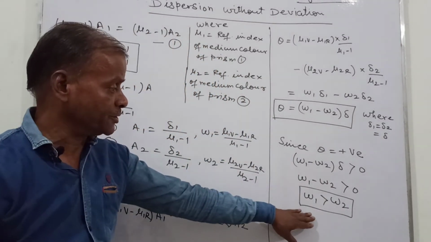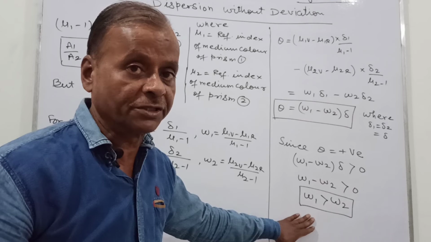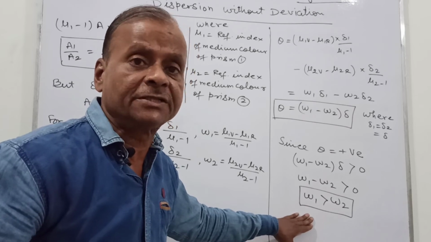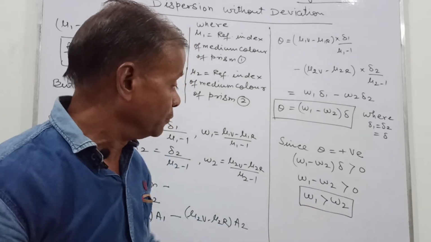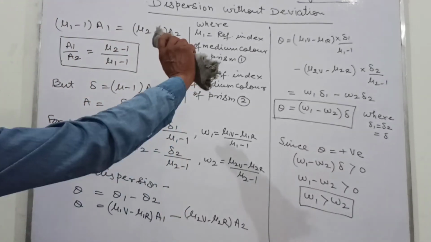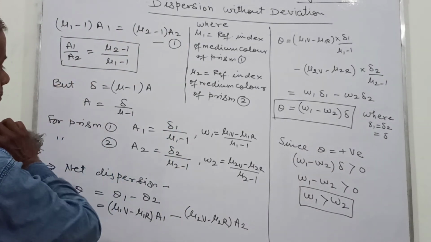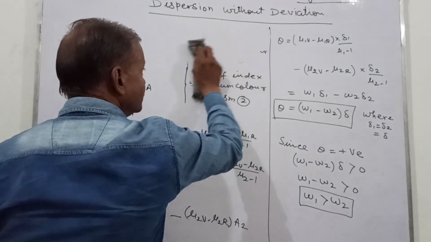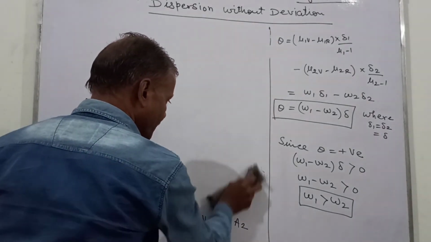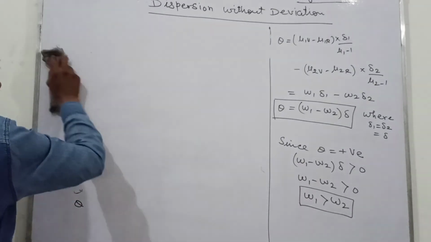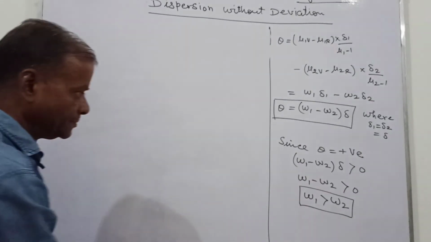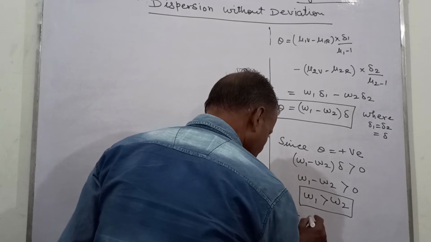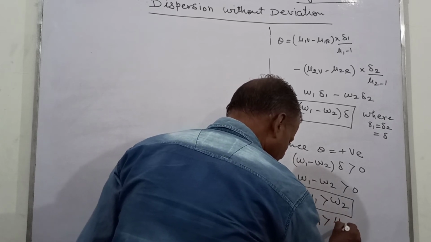It means that the dispersive power of the first prism must be more than the dispersive power of the second prism, or since dispersive power is more, the refractive index must be more. So we have mu 1 greater than mu 2.